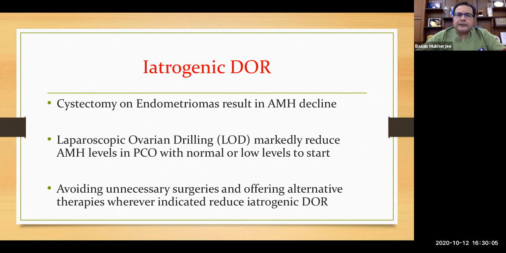Coming a little bit to iatrogenic decreased ovarian reserve. So this discussion will be opened up when we're talking about the different causes of poor ovarian reserve. And we spoke about ovarian surgery and tubal surgery as causes. In iatrogenic DOR, there are several instances when you're operating, both laparoscopy as well as open surgery, where fertility enhancing surgeries are done.